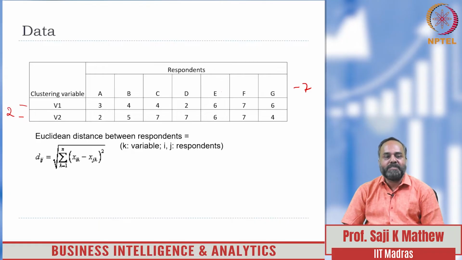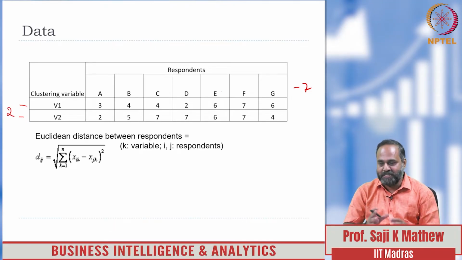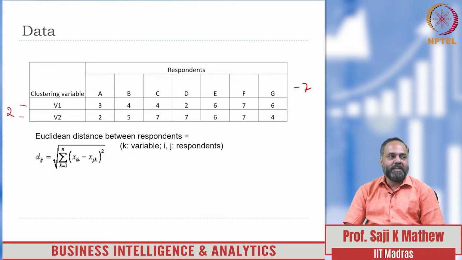So, our aim is to group these 7 objects into less than 7 number of groups. There are 7 objects, so we can say there are 7 groups, but it does not make any sense. Therefore, we have to group them together. One obvious way to think of how to group them is how have they responded, what are their attribute values.